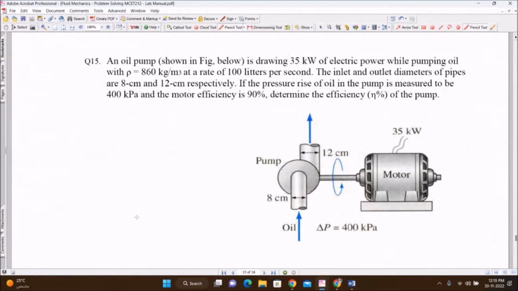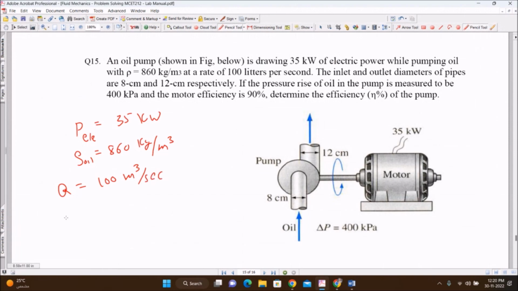Write the given data. The oil pump shown in the figure draws electric power P electric of 35 kilowatt. While pumping oil, the density is given as 860 kg per meter cube, and the flow rate is 100 liters per second.